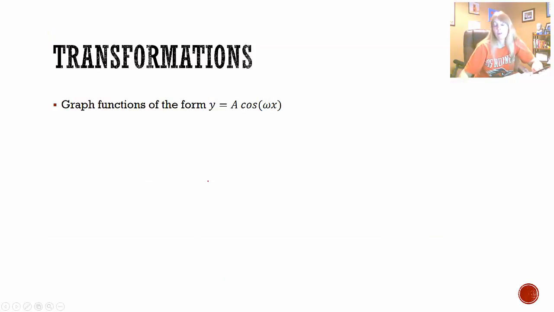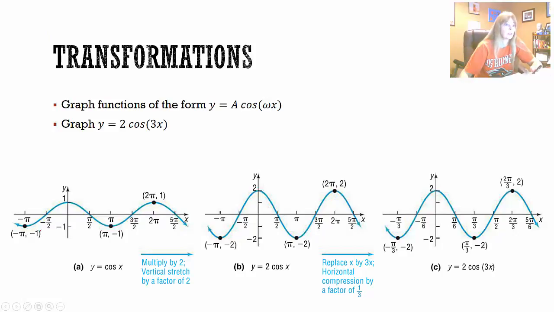I can look at transformations the same way. So there's a very nice, much better drawn cosine function. If I want to do 2 times the cosine of 3x, the first thing I'm going to do is a vertical stretch by multiplying my entire function by 2. So everywhere you see negative 1, negative 2, positive 1, 2.